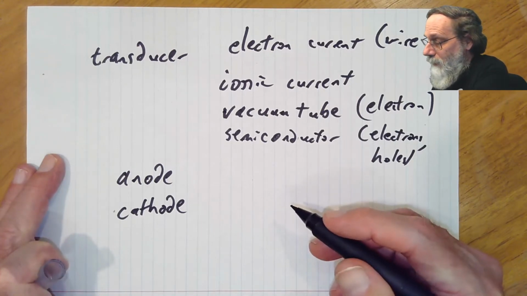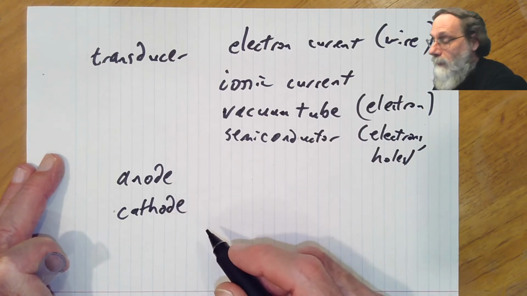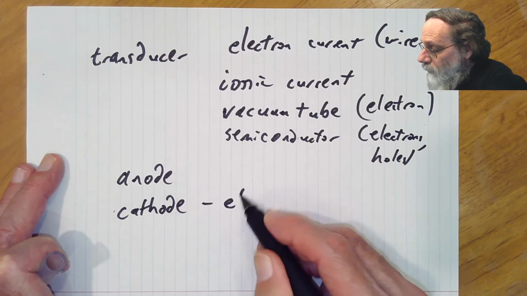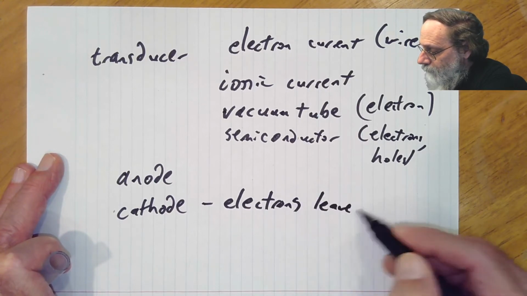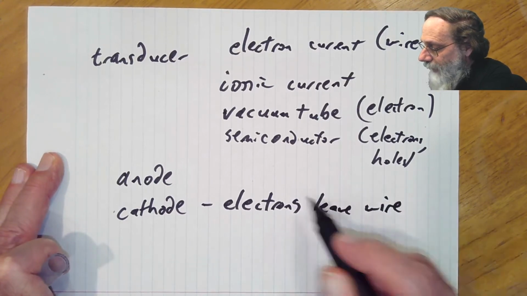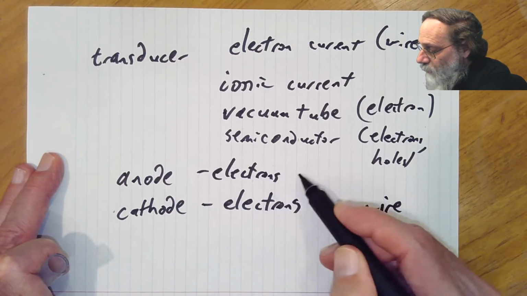What I can remember is that if we think about this in terms of electrons, cathodes are where electrons leave a wire, and the anode is where the electrons enter the wire.